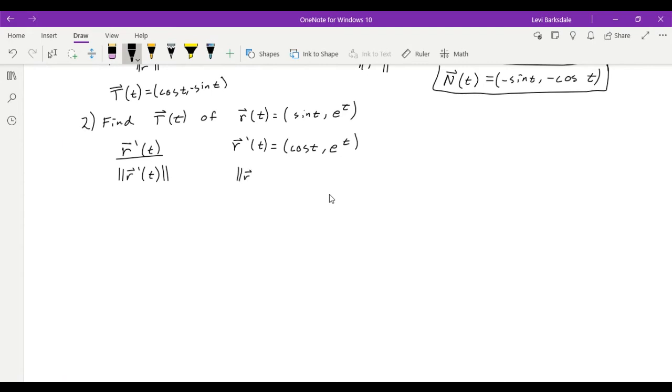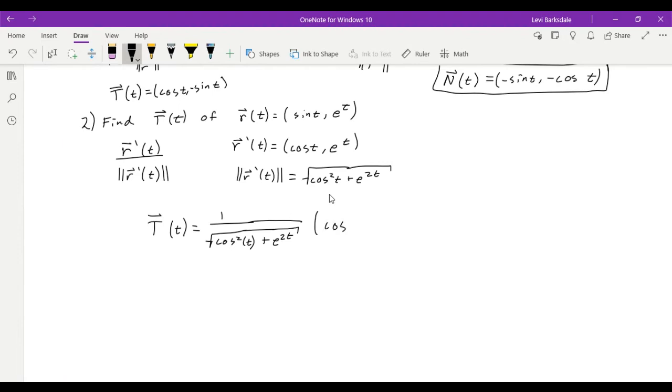So then the magnitude of r prime of t would be equal to the square root of cosine squared t plus e to the 2t. And we can't really simplify that at all, so we would write that our tangent vector is simply equal to 1 over the square root of cosine squared t plus e to the 2t, all times cosine of t, e to the t.